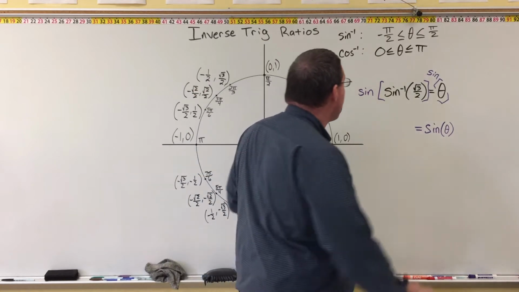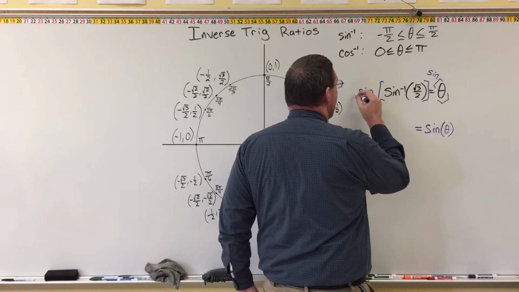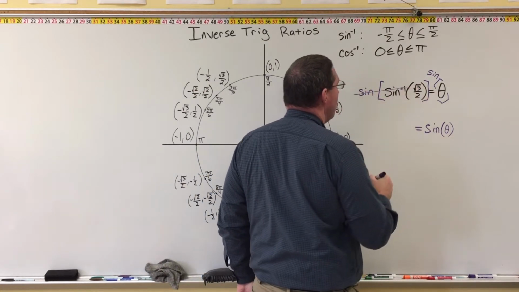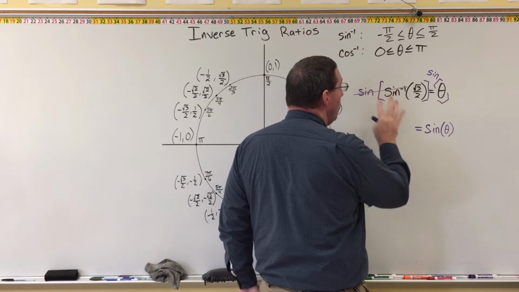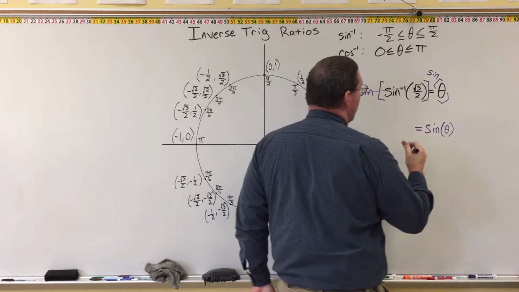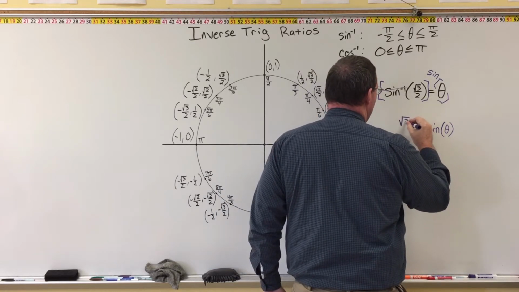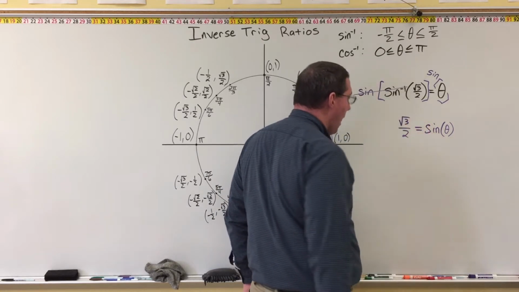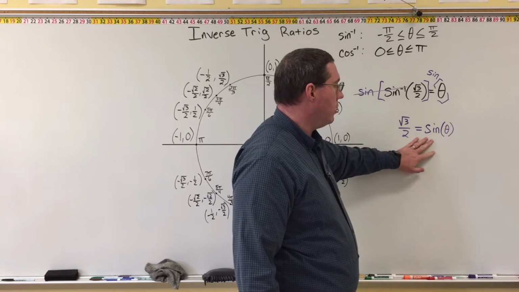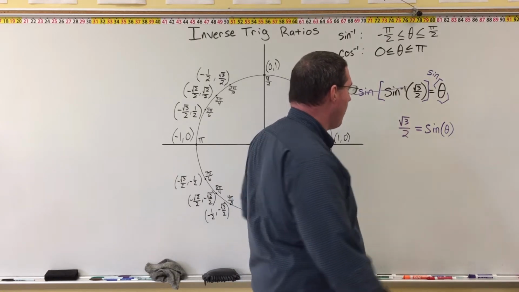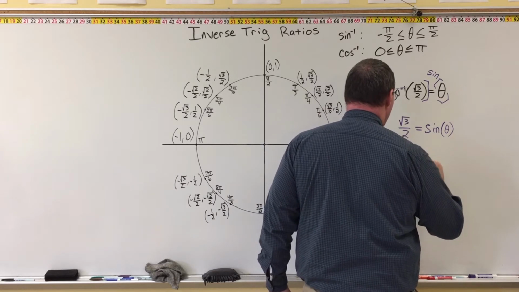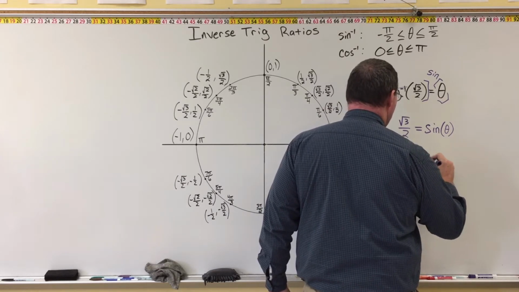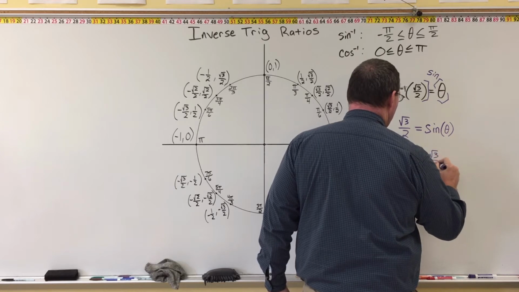So sine of sine inverse cancels out, and the only thing left is square root of 3 over 2. Now we have a much simpler equation, and I'm going to flip it around so it looks a little easier. Now we have sine of theta is equal to square root of 3 over 2.